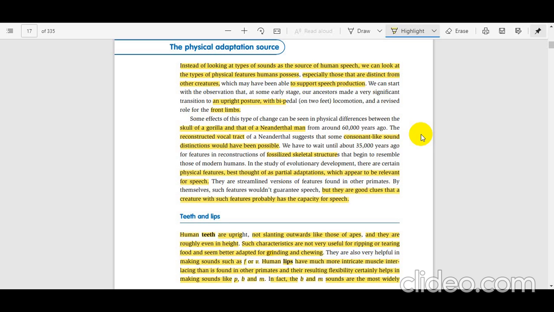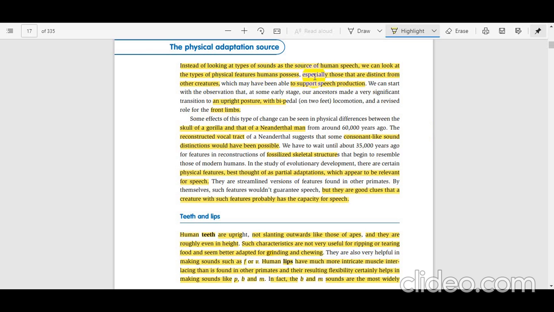However, this source focuses on the physical features that humans possess. Now, these are responsible for what? For a clearer and deeper explanation of the origins of speech and of speech production.